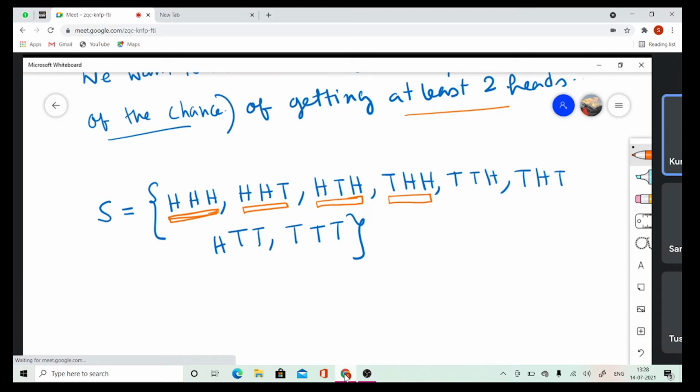So let me write this, okay? According to the classical definition, I am writing it because this definition has a serious problem.